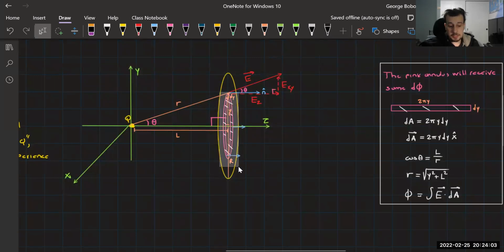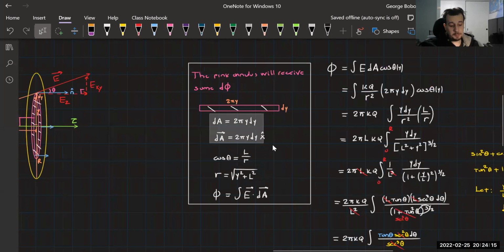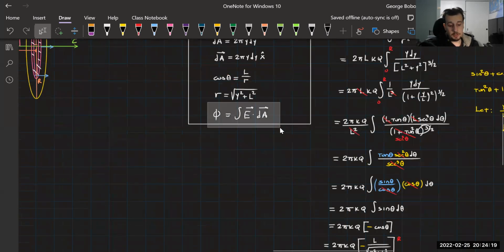So I found the dA of this guy. I found the electric field that he receives, took the dot product between E dot dA, and then integrated. That's what you see me doing. So I determined my dA first for my little annulus. And then I needed to do this integral to find the electric field throughout the disk, this being again the annulus over here.